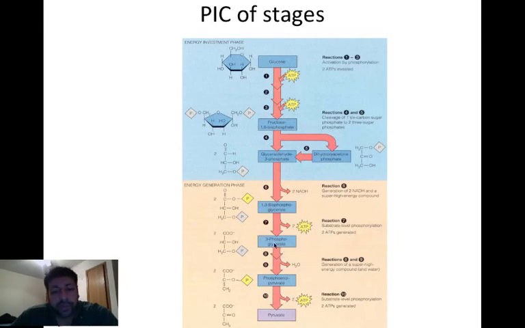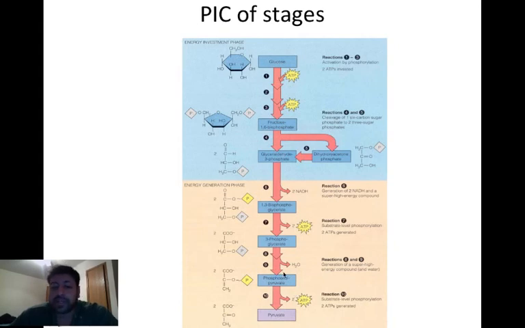Now we have 3-phosphoglycerate. We're going to generate some water, and we are going to now become phosphoenolpyruvate. And ultimately we're going to go from phosphoenolpyruvate to the end product here of glycolysis, pyruvate.